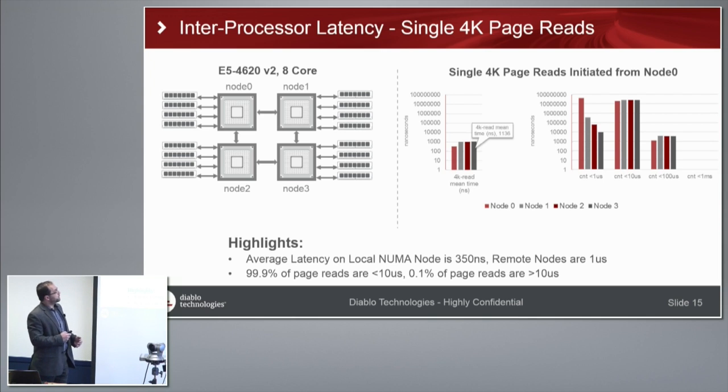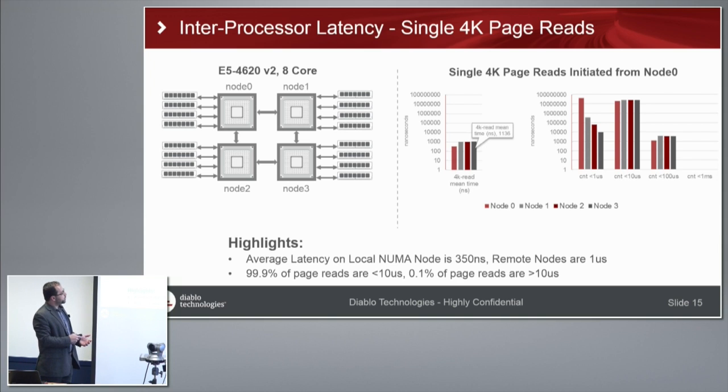In this particular test, we did the equivalent of a queue depth of 1 in storage, where we did not overload the memory channel. We're just doing one 4K transaction at a time, and we're not trying to congest the QPI, just to see from a latency perspective, as opposed to a queuing perspective, what the latency will look like.